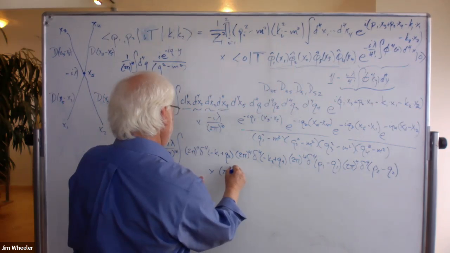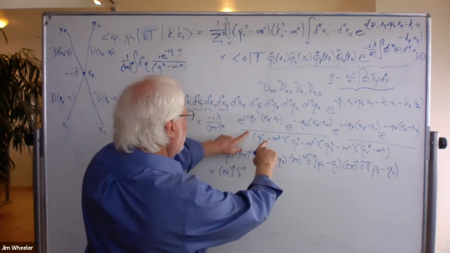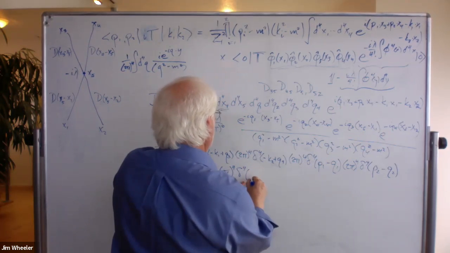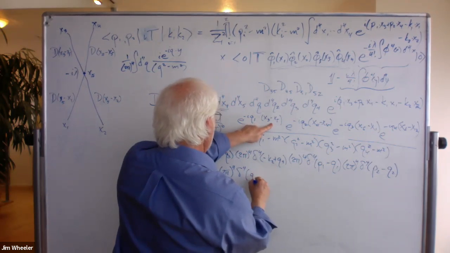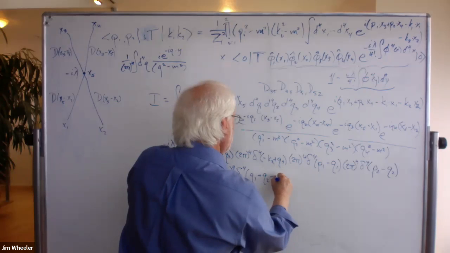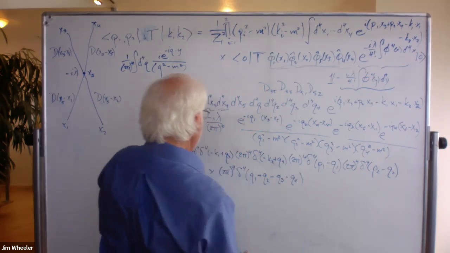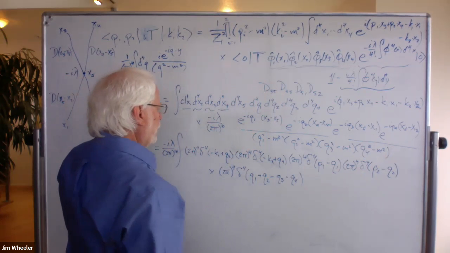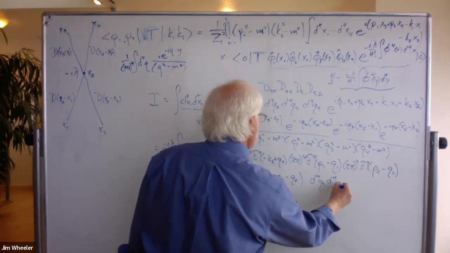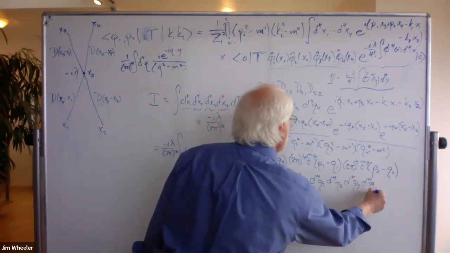Let's do x5. And x5, let's see. Now we've got a whole bunch of those. They all occur in the propagators. So we're going to have q1, that becomes plus q2, minus q3 here, and minus q4. There. And then we still have d4q1, d4q2, d4q3, d4q4.